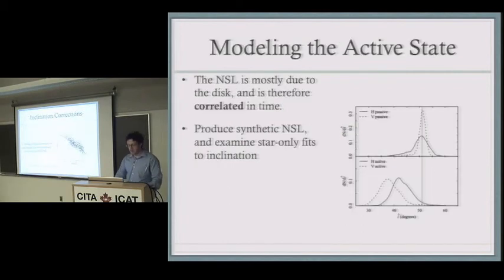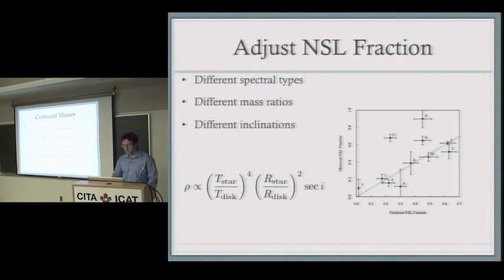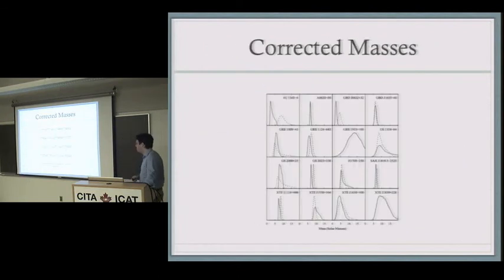And the answer, I'm going to skip over the details. The answer is yes. And when you do model it, the masses of some of the objects that we use in our analysis shift. So here's just a plot of the mass distributions that we used, the observationally inferred mass distributions that we used in our analysis to back out the overall mass function.